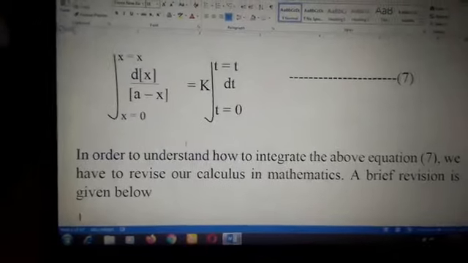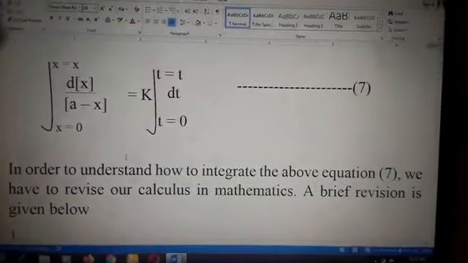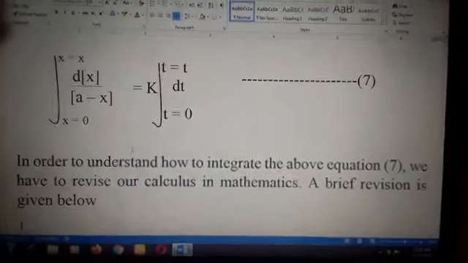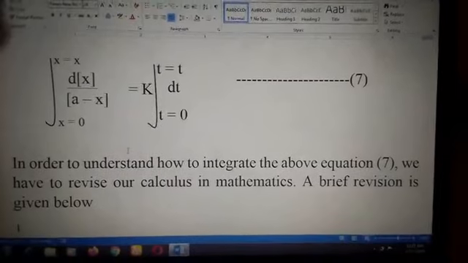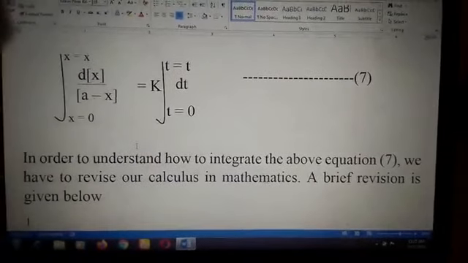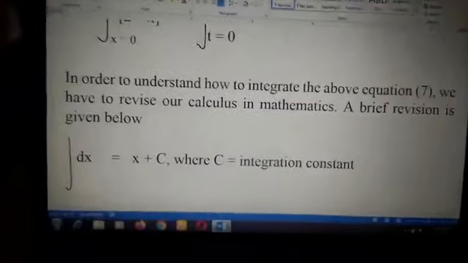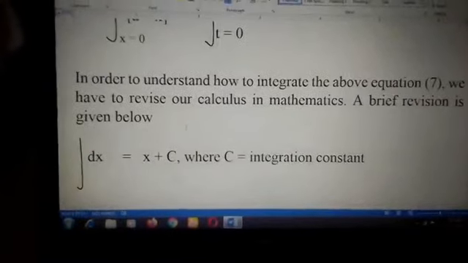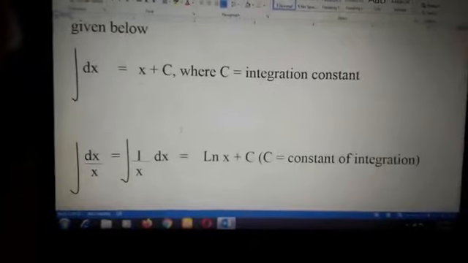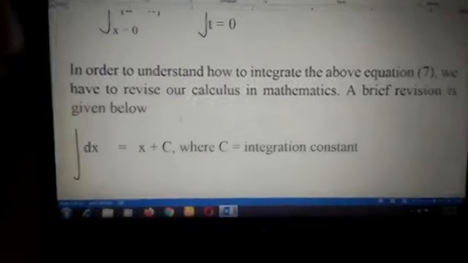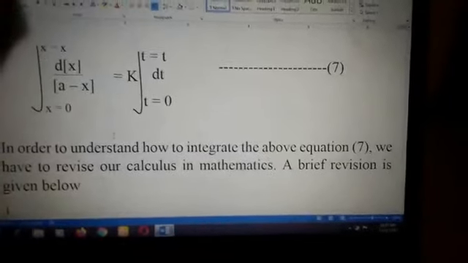So in the above example, looking at the right hand side, if I integrate dt, I will get t. If you integrate the differential, you get the value of that differential. Just like the instruction we gave, if you integrate ds, you get s. Now this takes care of the right hand side of equation 7.